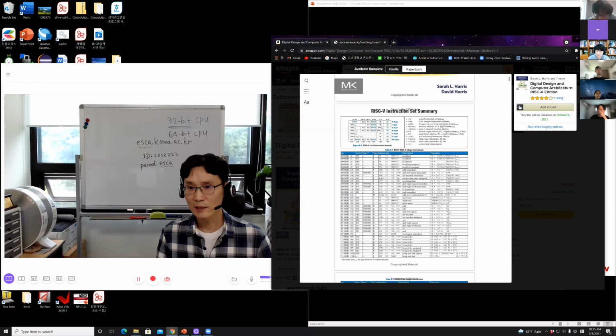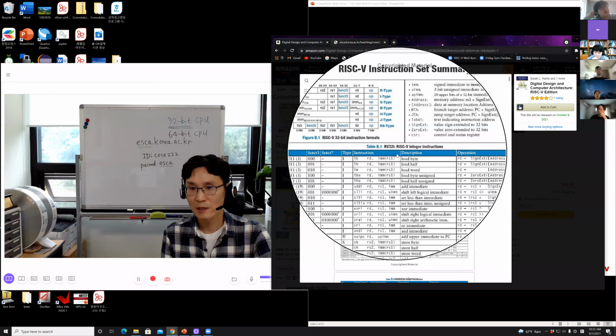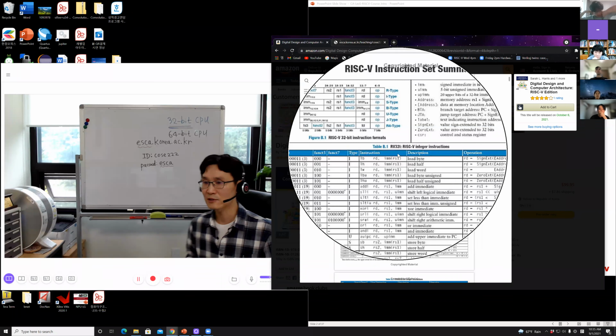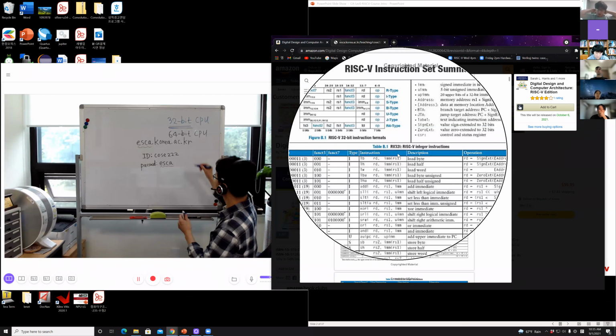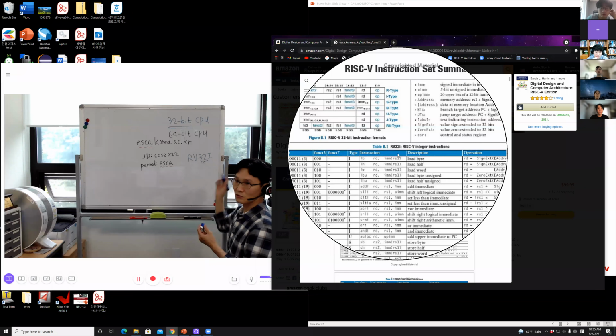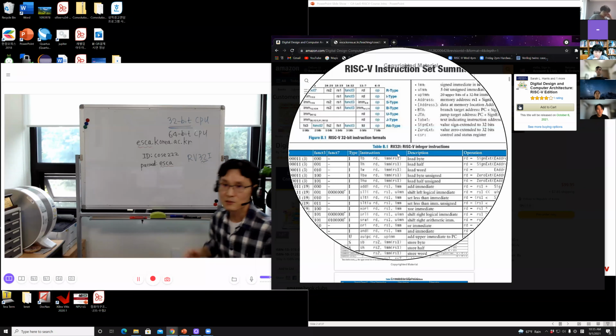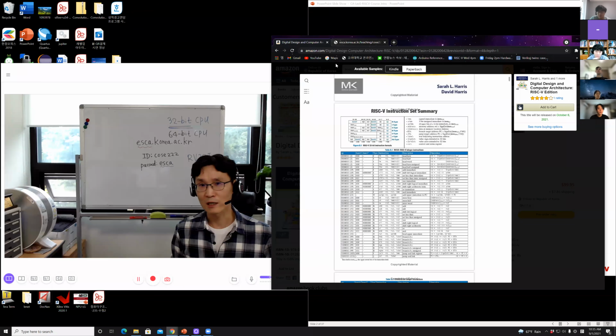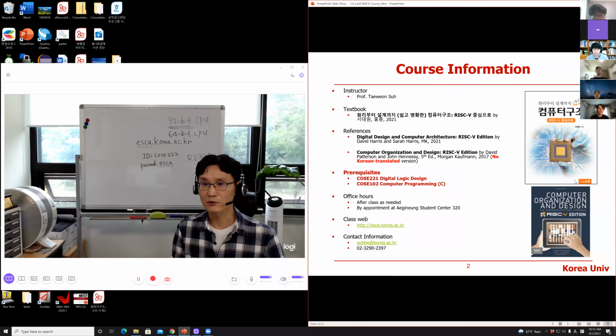And by looking at these sample pages, it says RV32I, right? RV32I. That means 32-bit architecture. So again, if you are not familiar with Korean, probably you want to use this book, Digital Design and Computer Architecture.